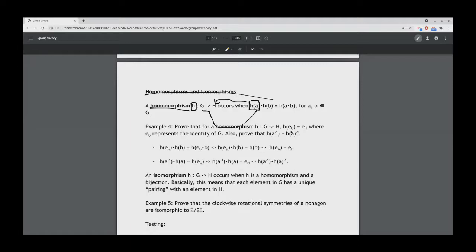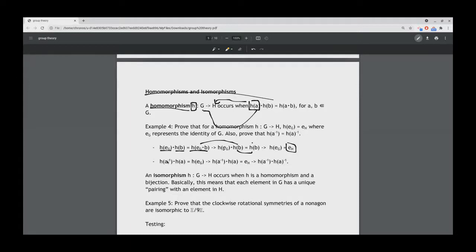So, for the first one, we have H of EG, H of the identity of G, times H of B is equal to H of EG times B, except EG times B is just B here. So H of EG times H of B is equal to H of B. And since these are part of H, this must be the identity of H, which is EH.